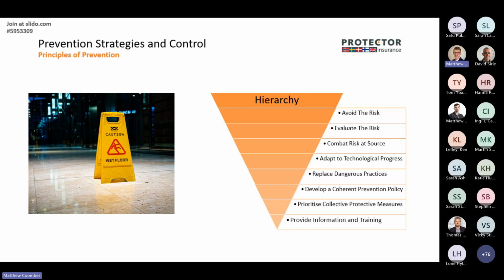Try and prioritise collective protective measures. So implement measures that protect everyone, those handrails, the non-slip mats, rather than relying solely on personal protective equipment. And then provide clear information and training to your employees.